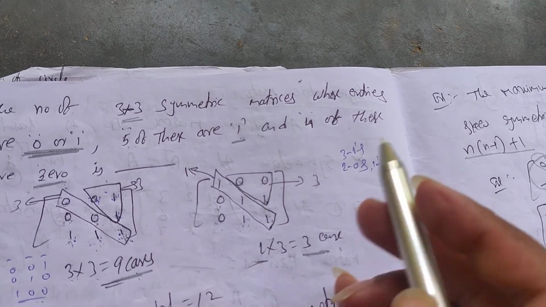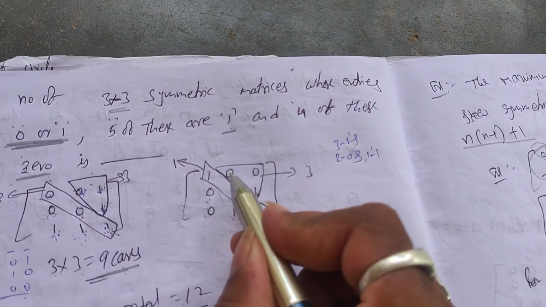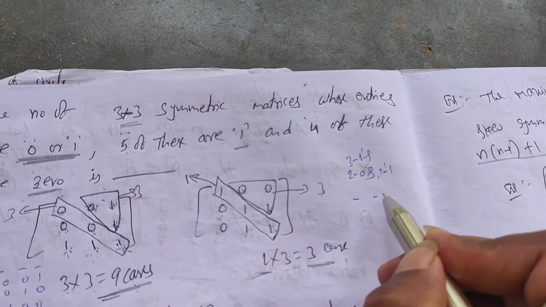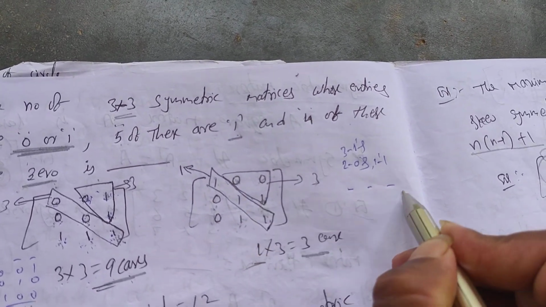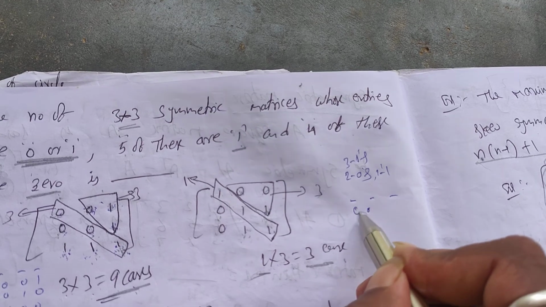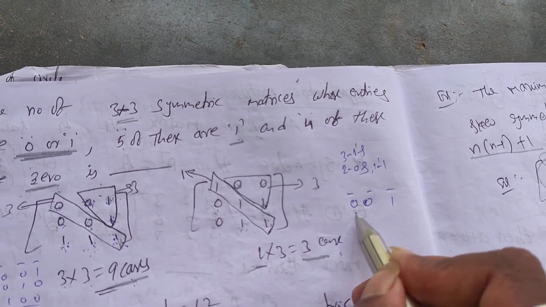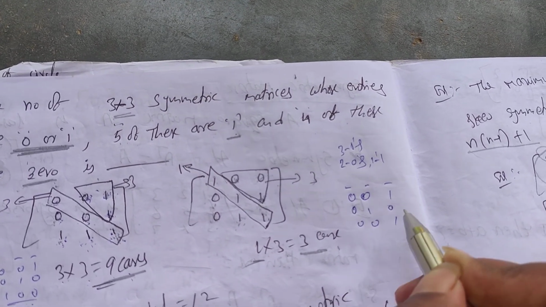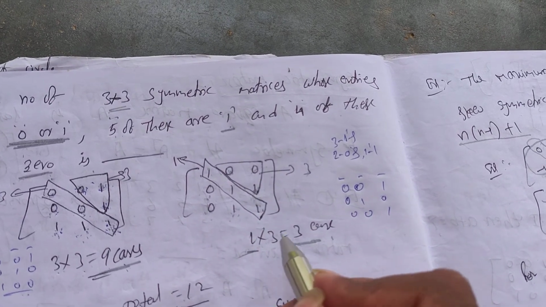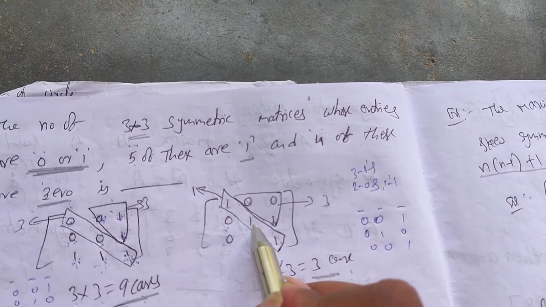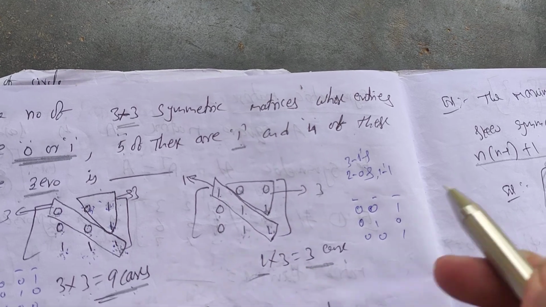Two zeros and one 1, how many ways can you fill? There are three positions: 1, 2, 3. We can take 0 0 1, 0 1 0, 1 0 0. So three cases. And the diagonal is 1 1 1, all ones only.